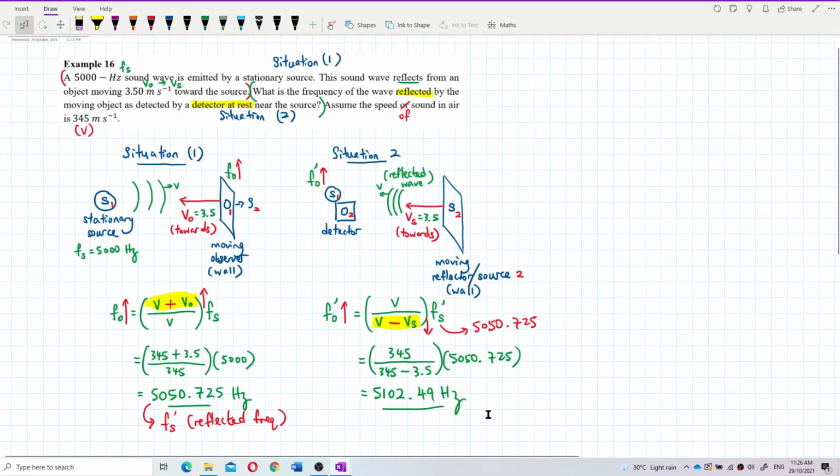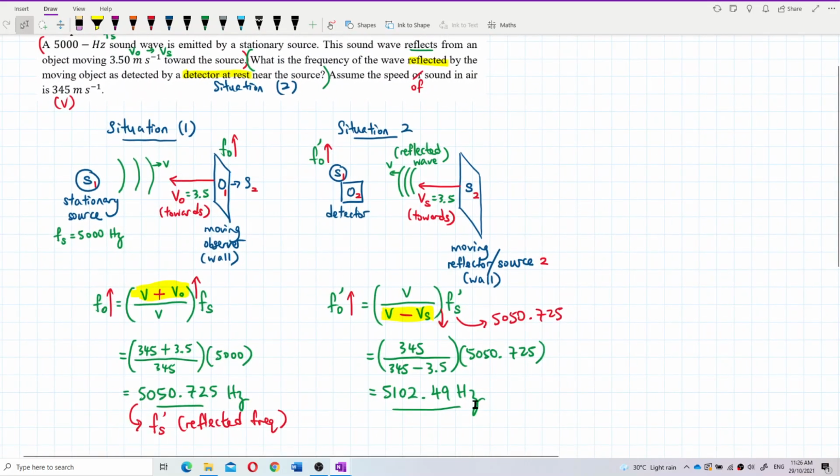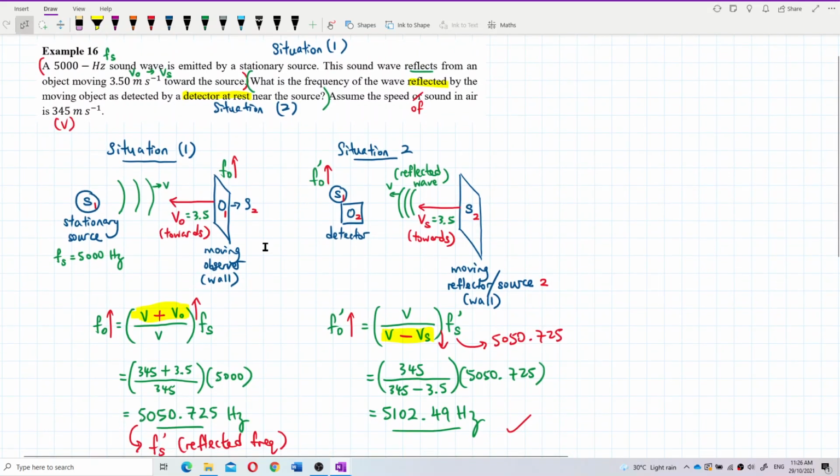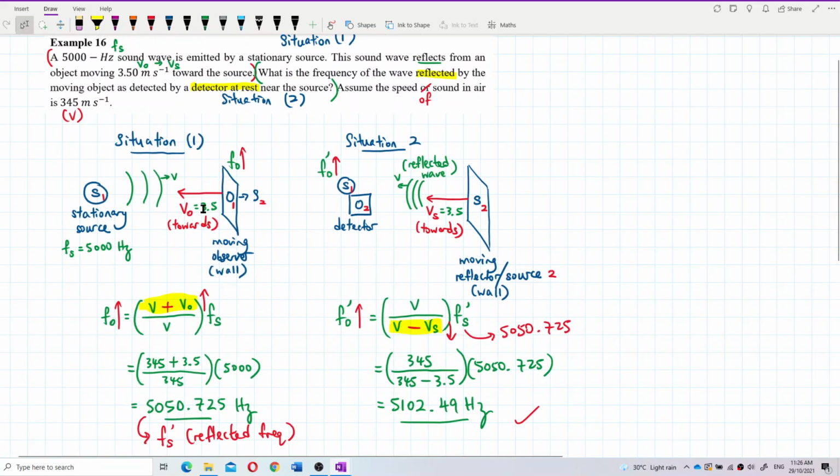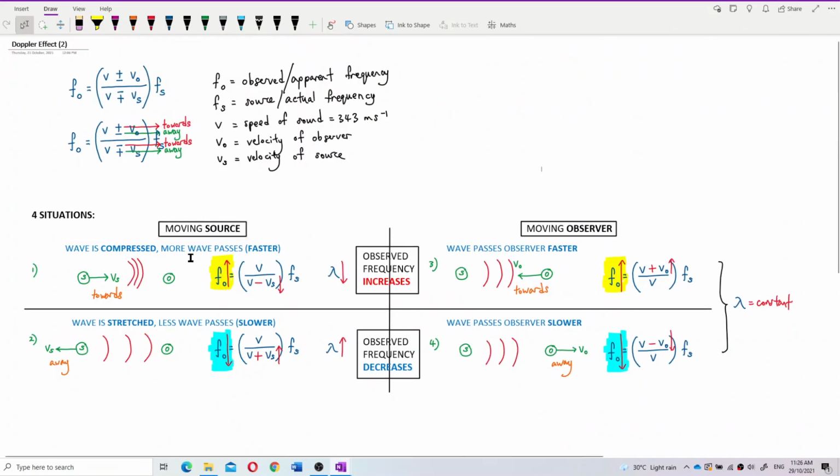Okay, so that's the answer for these questions. It's not given, but I can imagine. What I can say is, no matter whether the observer is moving towards or the source is moving towards, the observed frequency should always increase.